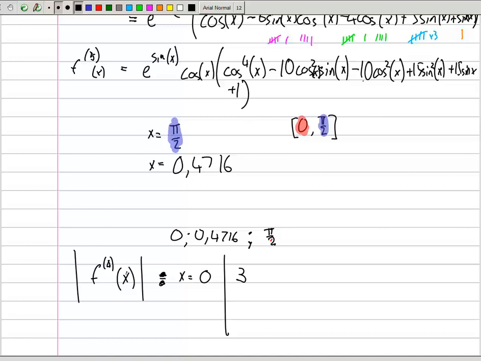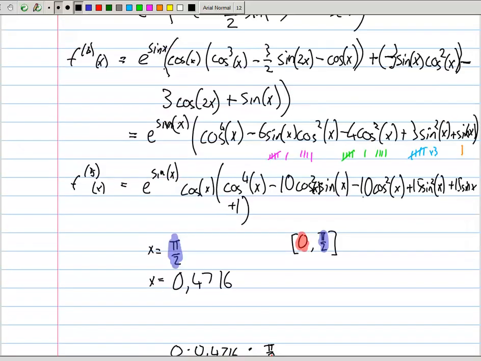We look at our f to the 4 equation, because sine of x is 0 when x is 0, so this term here becomes 1, and then all of our other cascading terms over here, so we can look at cos 4x becomes 1, minus 6 times 0, minus 4 times 1, plus 3 times 0, plus 0.